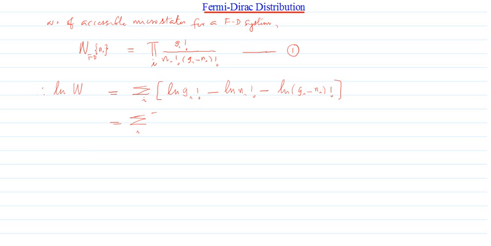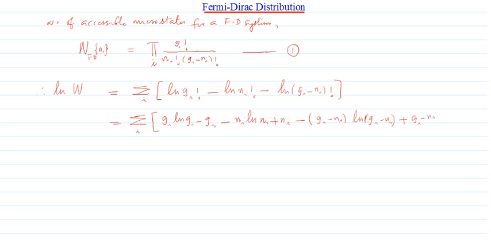Same strategy that we adopted in the Bose-Einstein distribution derivation: gi log gi minus gi, that is the first one; minus ni log ni, minus ni will become plus ni; then minus (gi minus ni) log of (gi minus ni); then there was a minus and minus becomes plus, so plus gi, and that minus term becomes minus ni.